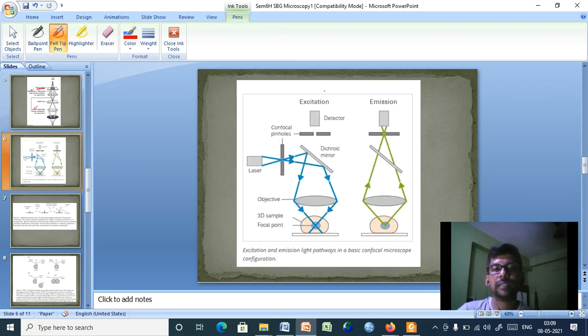Now, this is a basic diagrammatic representation of a confocal microscope. Actually, confocal microscope is a type of fluorescence microscopy, where we excite a specimen at its excitation wavelength, and it forms its image at its emission wavelength. Now, in confocal microscopy, only the image formed by its focal plane.